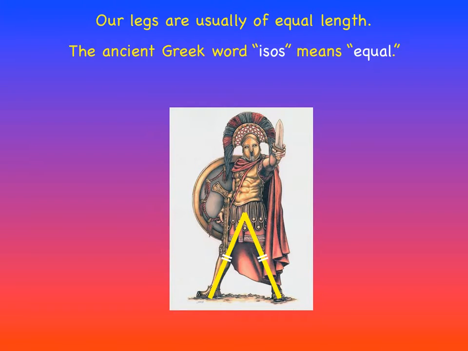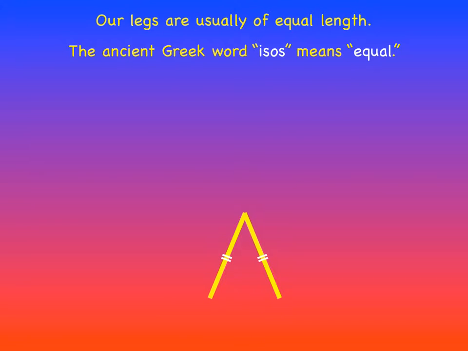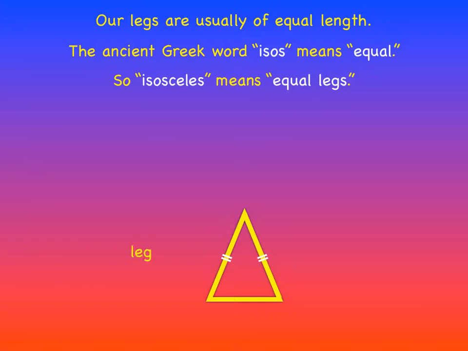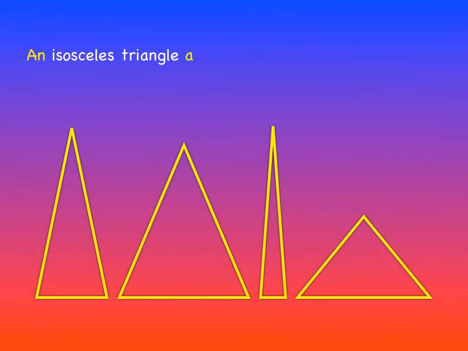The ancient Greek word isos means equal. So isosceles means equal legs. An isosceles triangle always has two legs of equal length.